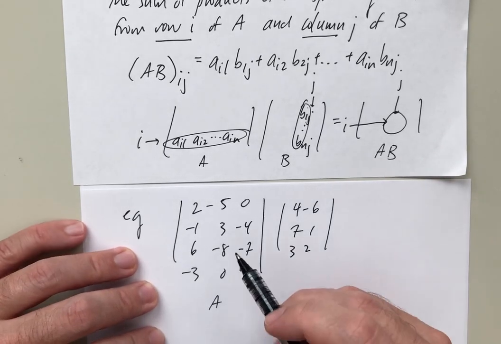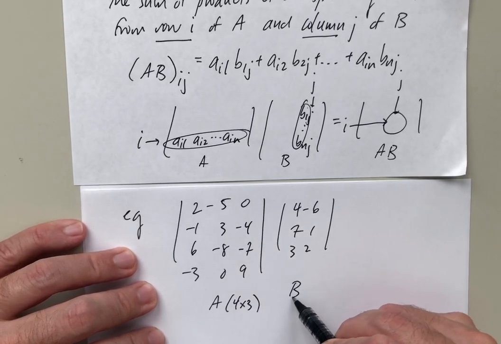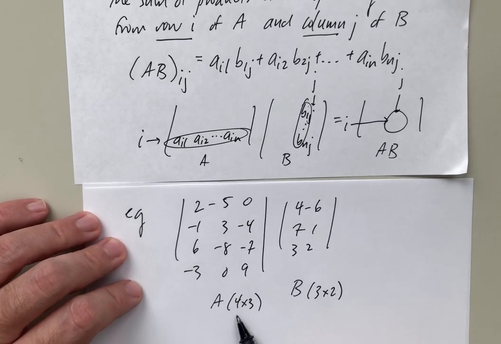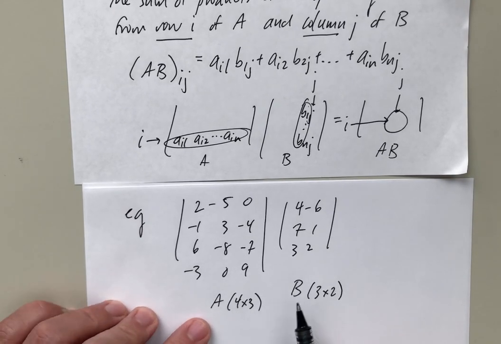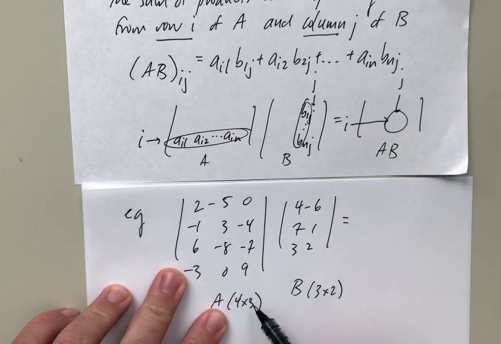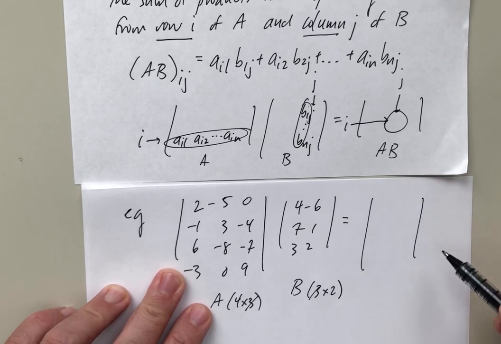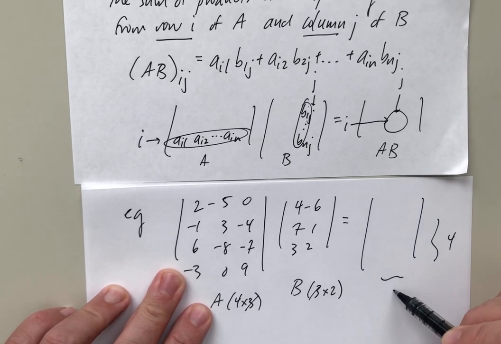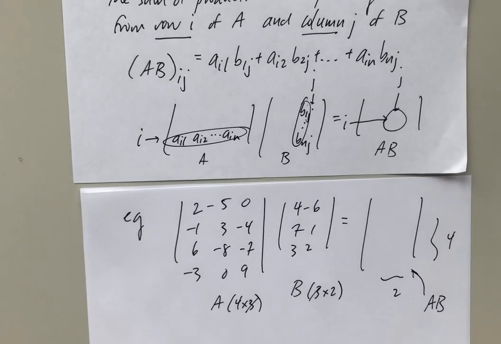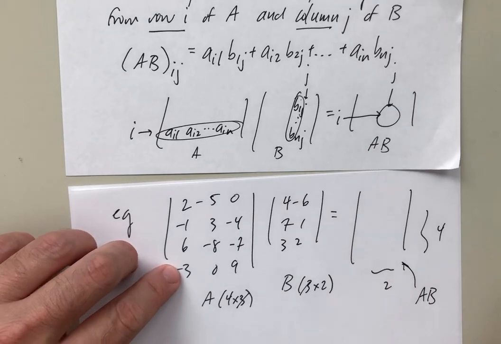A is 4 by 3, and B is 3 by 2. We can multiply these because the number of columns of A equals the number of rows of B. You cross off the middle and get a 4 by 2 matrix, with 4 rows and 2 columns. This is AB. If I want a particular entry, I pick the corresponding row of A and column of B.